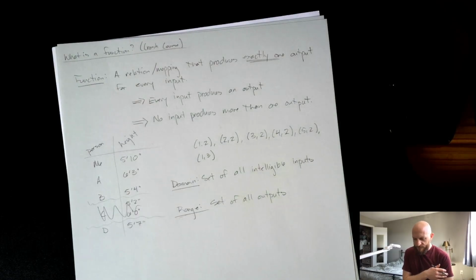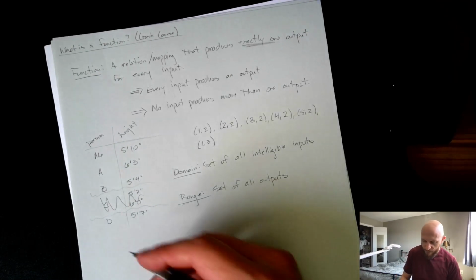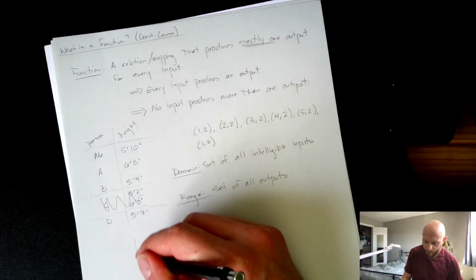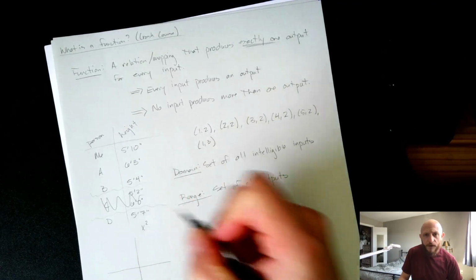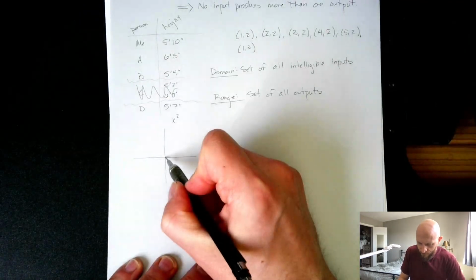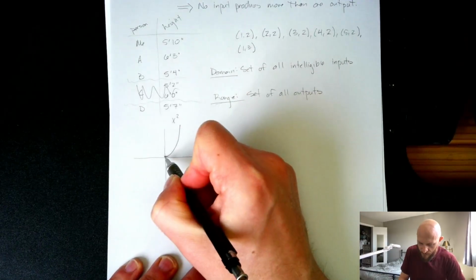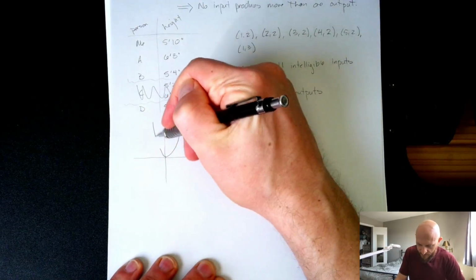One graph that I think is helpful here, let's start somewhat simple, is the graph of x squared. It looks something like this.